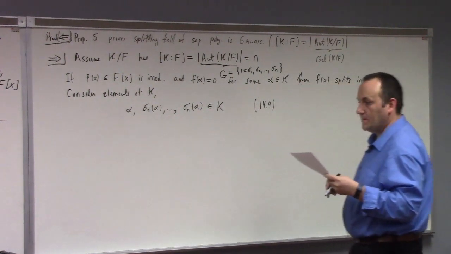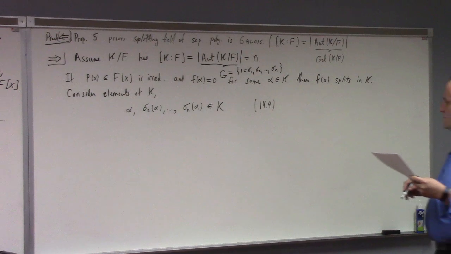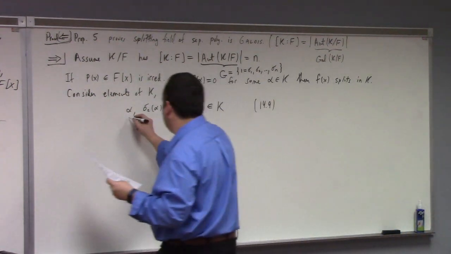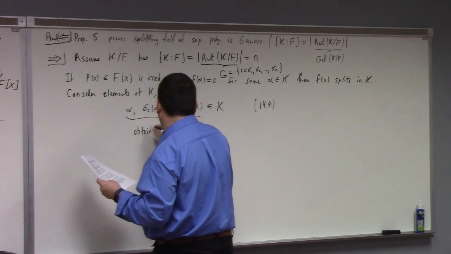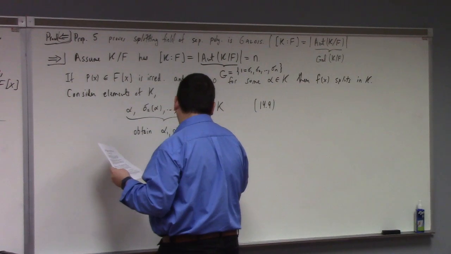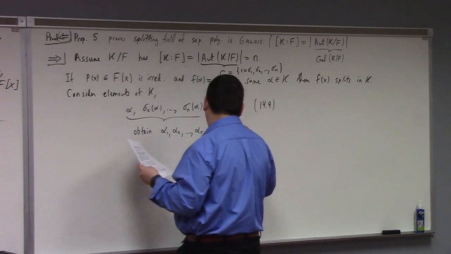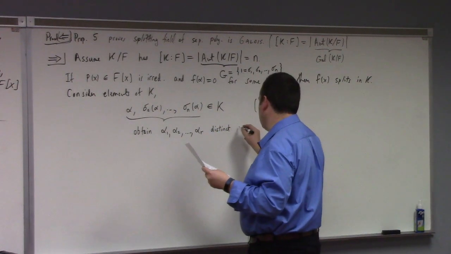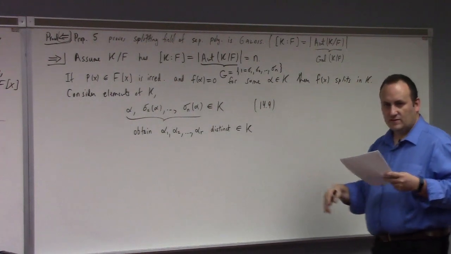All right. And then what he does is he says from this obtain alpha 1, alpha 2, through alpha r distinct elements of K. So if there are any redundancies, eliminate them.